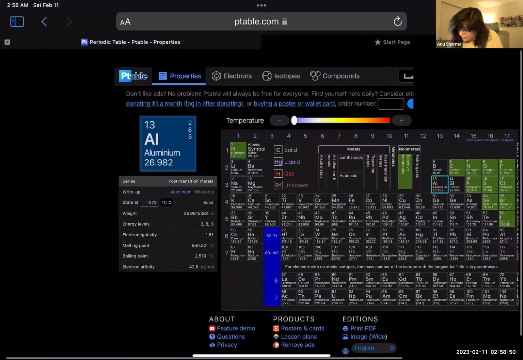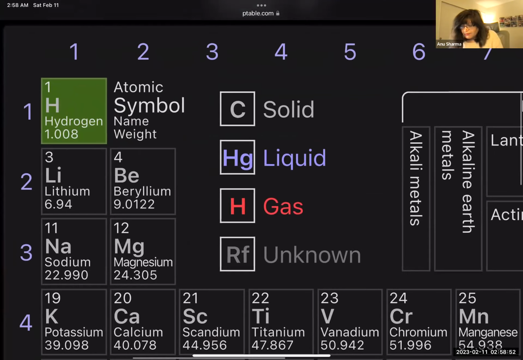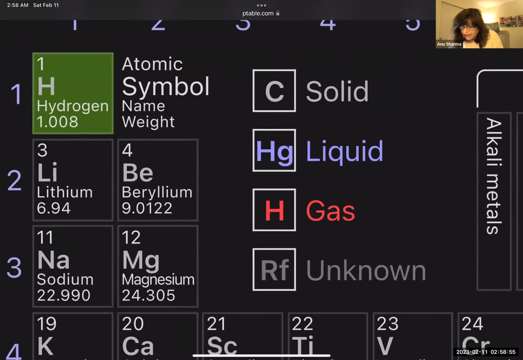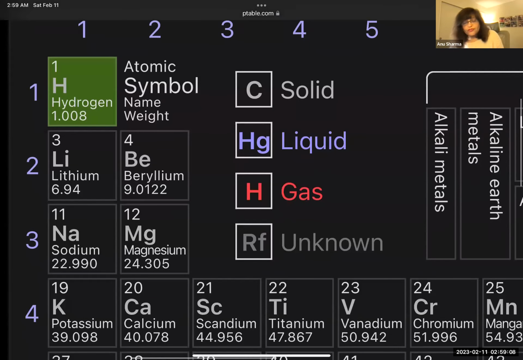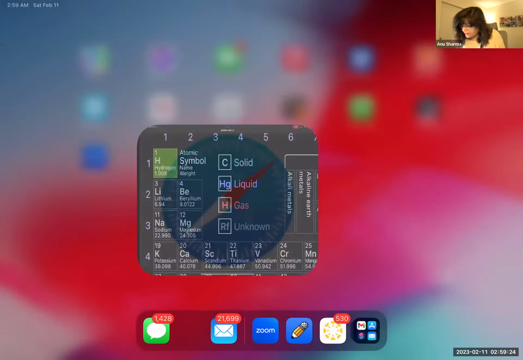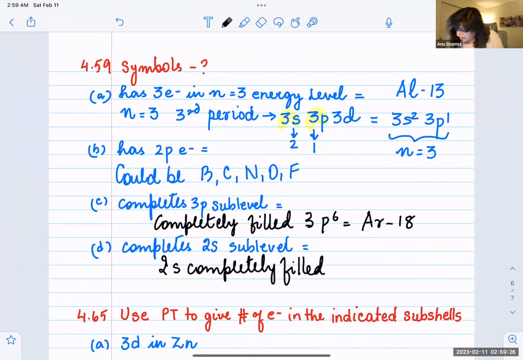So 2s completely filled has to be beryllium, because the first one is 2s1, the second one is 2s2, the third one is 3s1, and then 3s2. Fourth one is 4s1, and then the next is calcium, 4s2. So all the ones in the second energy level will have filled s orbitals. So we are looking at the second energy level, so that is beryllium.